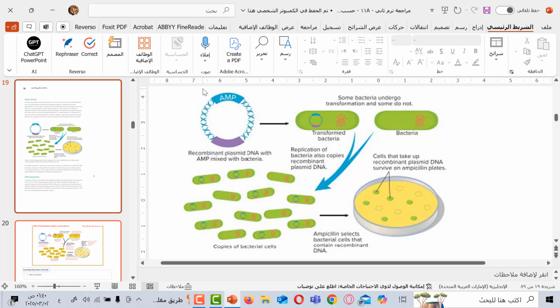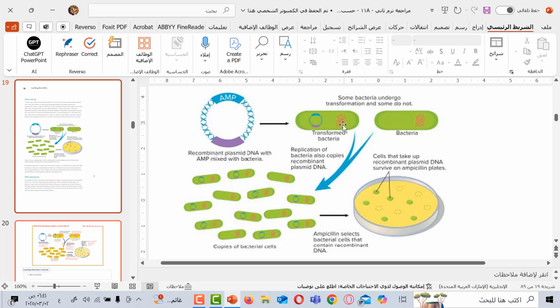Why did they put it? Because when they wanted to put this recombinant DNA inside the bacteria, some bacteria took it and some bacteria didn't take it.